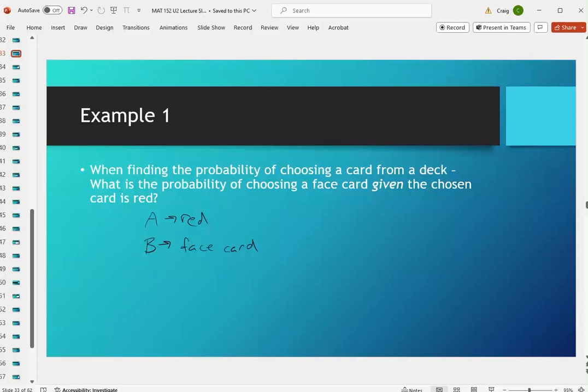The probability of choosing both A and B. And so what's the probability of choosing a red face card? Well, that's going to be what we just looked at a minute ago, 6 out of 26. I'm sorry, 6 out of 52.